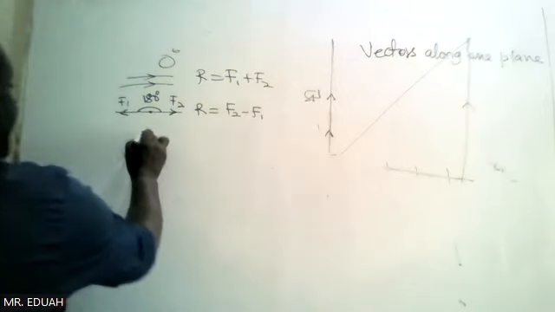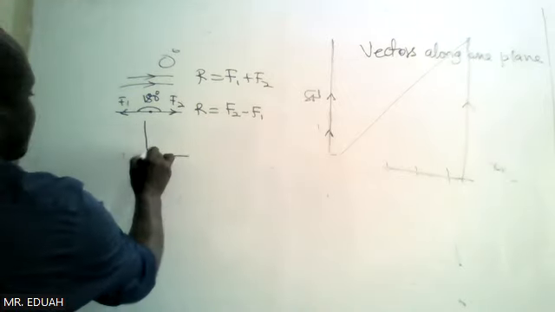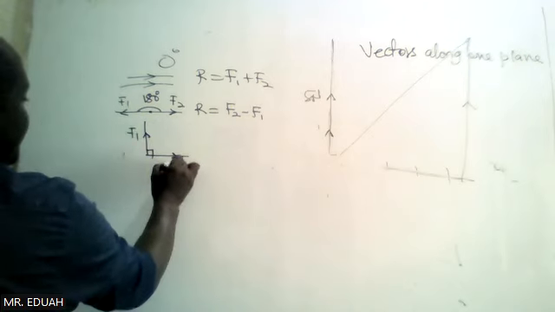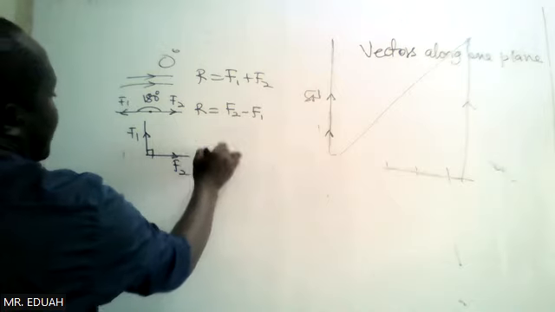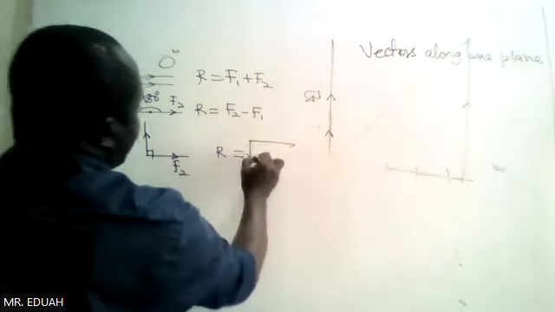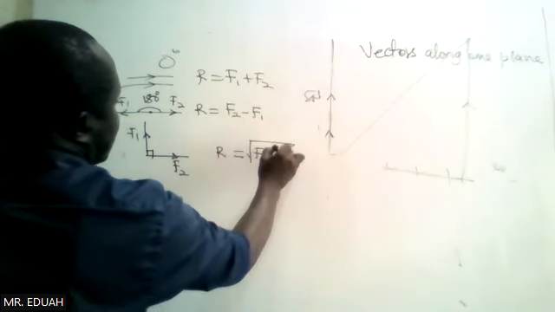Then when they are moving perpendicularly, the resultant is equal to the square root of F1 squared plus F2 squared.